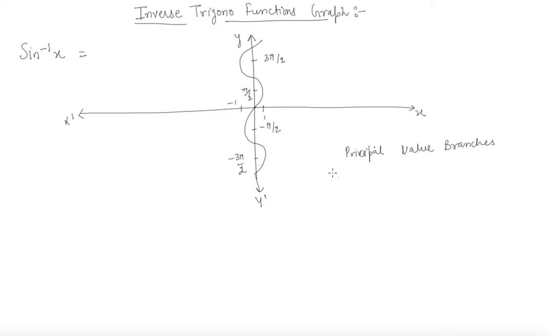The domain of this function is minus 1 to 1 closed interval, and the range is minus pi by 2 to pi by 2. This is the main principal value branch. So how we need to work on this?